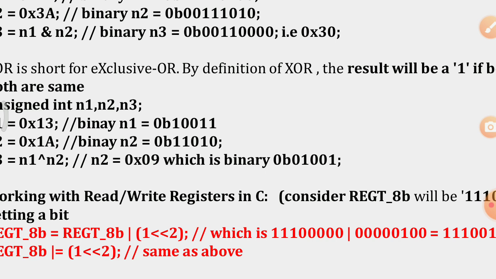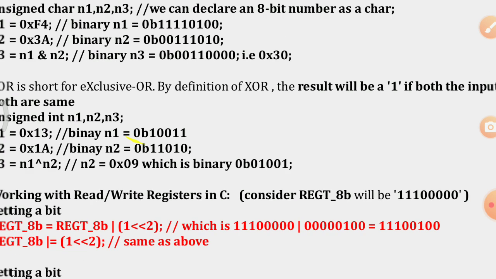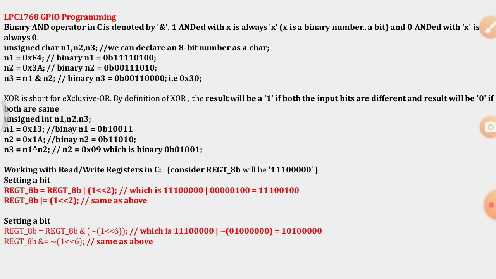So when we OR these two numbers, we get 11100100. This can be written as in the below example: reg_8b |= 1 << 2. So both are the same. Either we can write reg_8b equals reg_8b OR, or directly the OR operator with equals is enough.